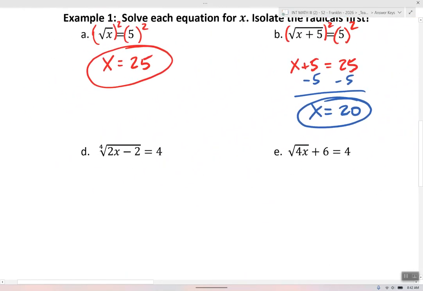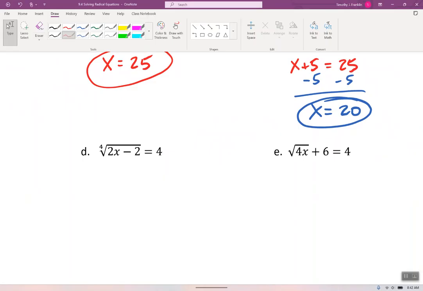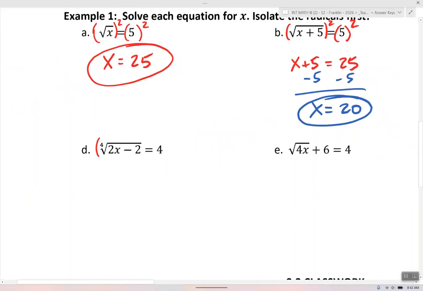Okay, example D here, we have the fourth root. So we take everything to the fourth power. Okay, so on the left-hand side, we get 2x minus 2. I'm not sure where 12 came from. And we get 256. 4 to the fourth power is 256.